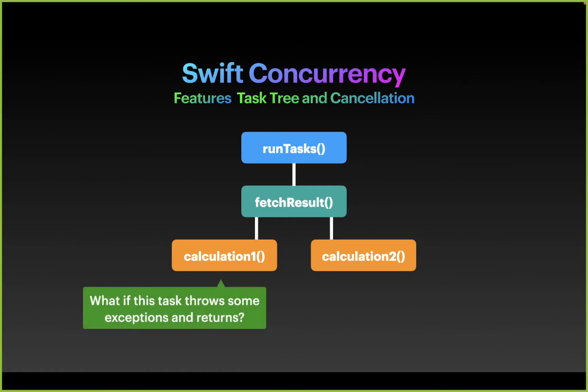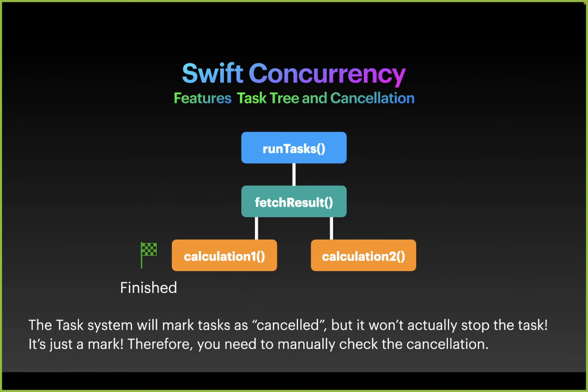What if the calculation function can throw some errors? It throws the error and returns. In this case, the task system still marks this task as finished. Indeed it throws an exception, but it finished, with an exception.